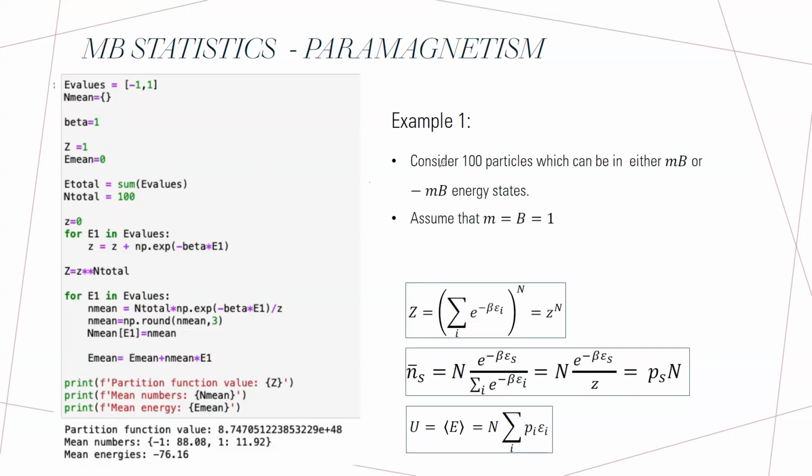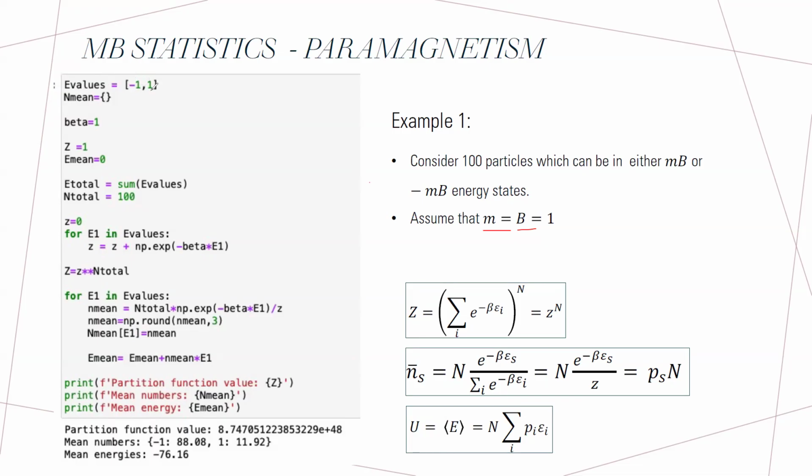So in this example, we consider 100 particles, which can be in either mB or minus mB energy states. To make it more convenient, we consider that m is equal to 1 and B is equal to 1 in their appropriate units. So in the program, here we mention the energy values.